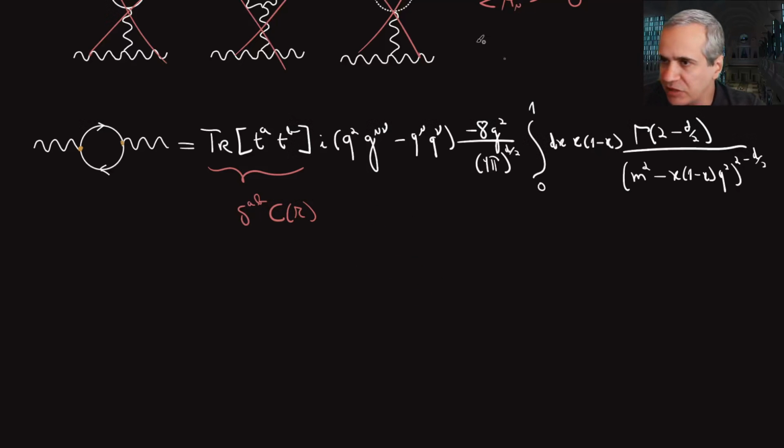Another thing to notice here is that I did dimensional regularization, but I didn't include our friend mu to the epsilon that compensates to keep the dimension of this coupling the right one, right? I could just put this right here, but I want to avoid, again, loading up the notation for everything.